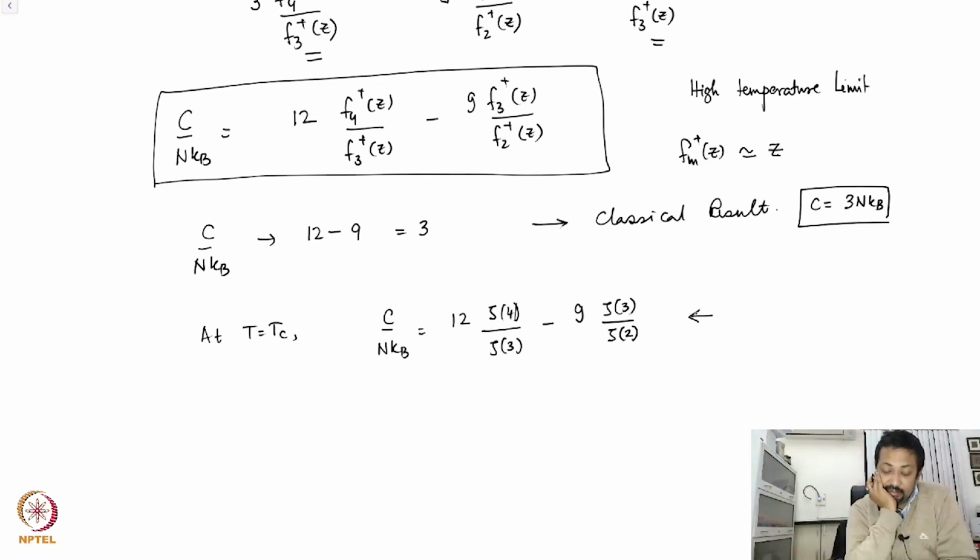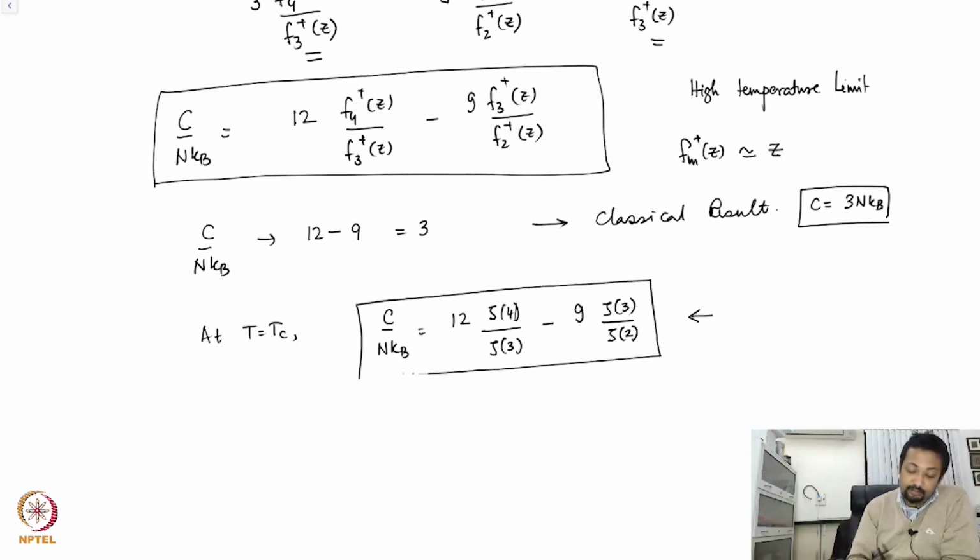This does not match the specific heat which we obtained at T equal to Tc, which was C over NkB equal to 12 by 4 zeta 4 over zeta 3.